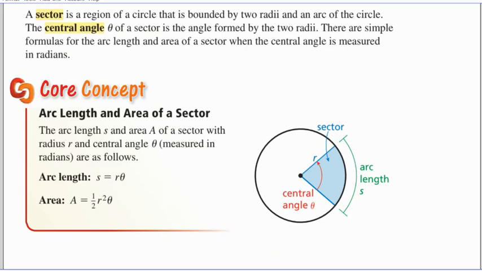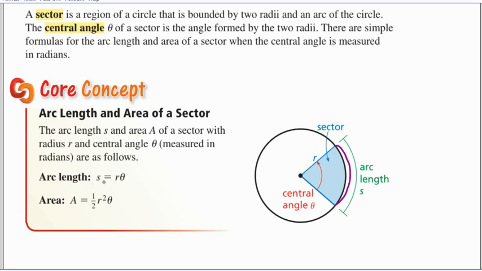All right, now what is super handy about measuring angles in radians is that your formulas for arc length and area of a sector become simpler. So the arc length S is this right here. That's your arc length. And then the area of the sector is this shaded here in blue.